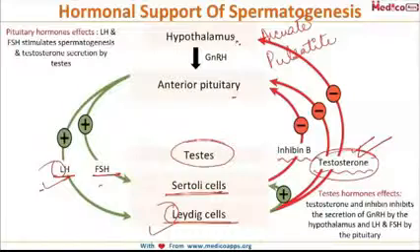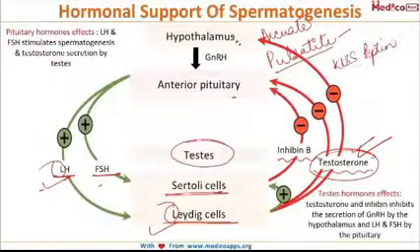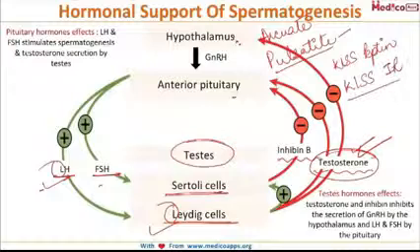Now a few words about the pulsatility of GnRH. What is the transmitter involved in the pulsatility of GnRH? It is kisspeptin. And what is the receptor involved? It is KISS1R receptor.